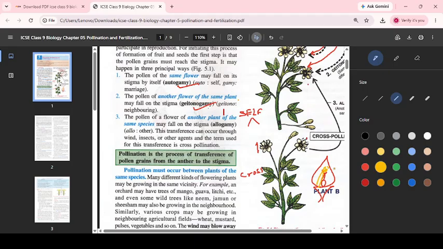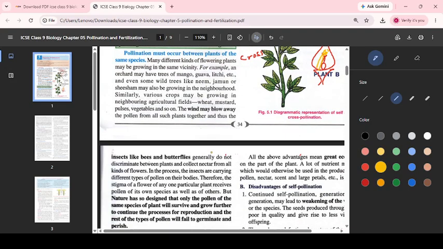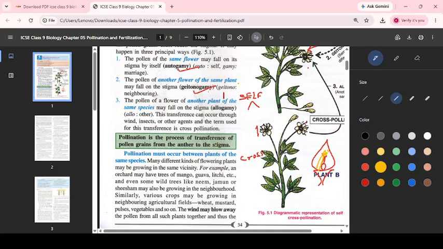So this is called as cleistogamy, which is taking place in the closed flower. Now suppose if pollination takes place in the same plant, we don't need any kind of agent for pollination. But in cross-pollination, you want some agent or agencies for the pollination, which is called as agent of pollination, like wind could be there, water could be there, insect could be there.